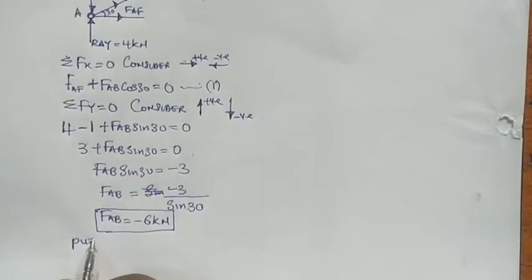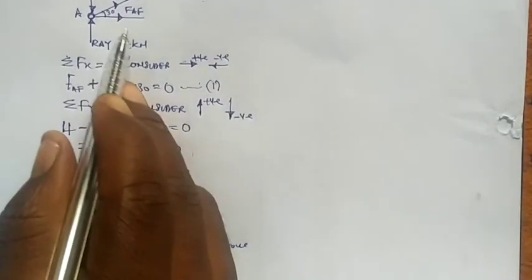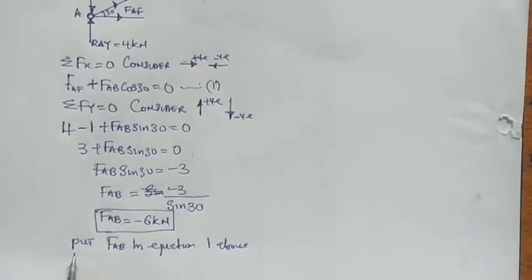Now I'm going to put FAB in equation 1 above. So we put it, FAB is this, which will be FAF plus FAB cos 30 equals to 0.